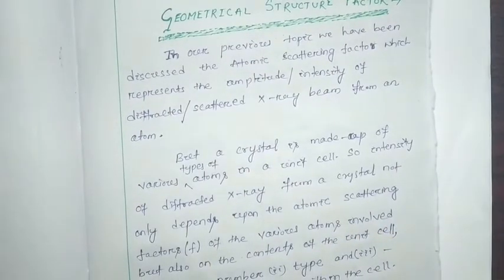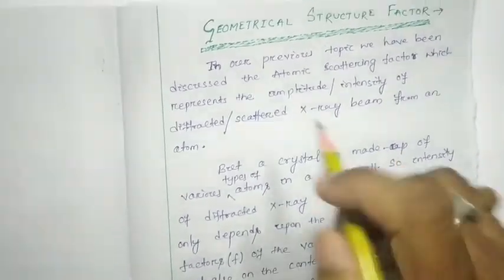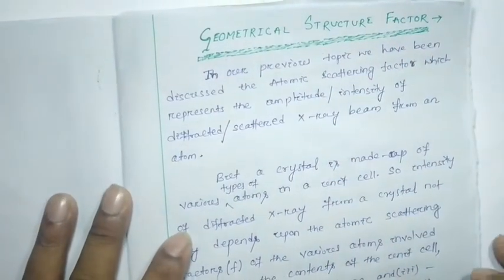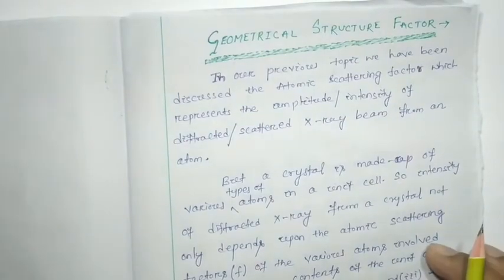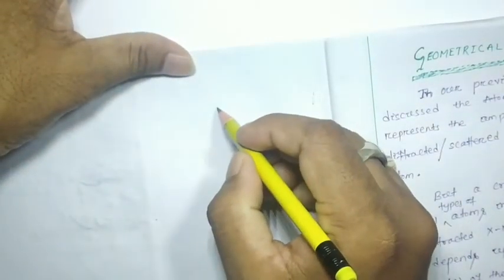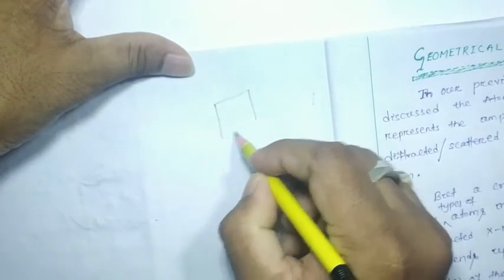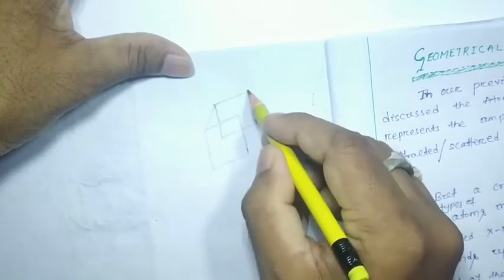Before we start the geometrical structure factor, I want to say that this structure factor, which we are going to derive, is very useful to find the structure of the unit cell. Suppose we consider the simple cubic crystal structure. It has three types of lattice structures.